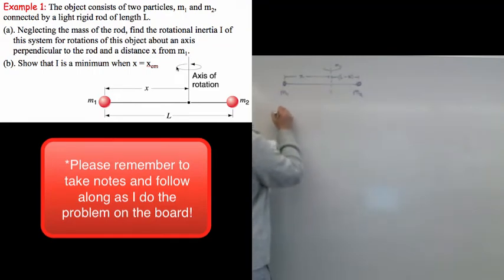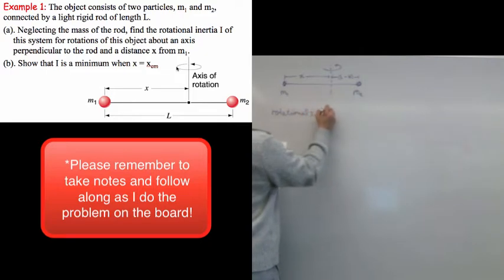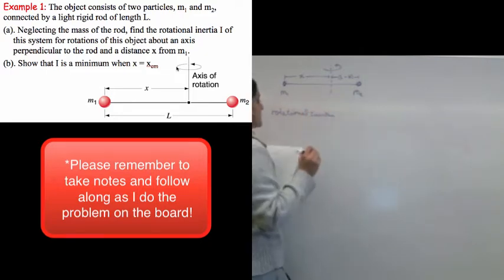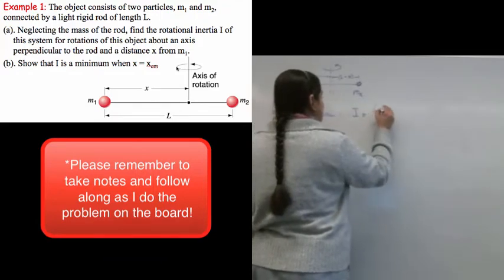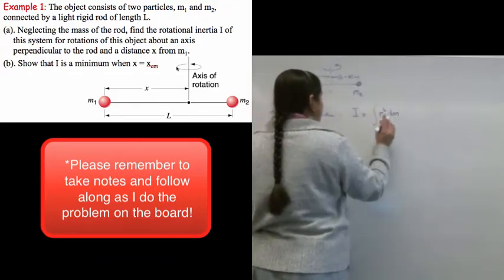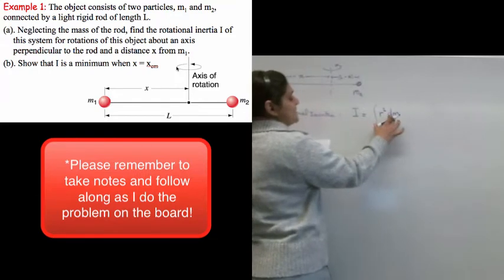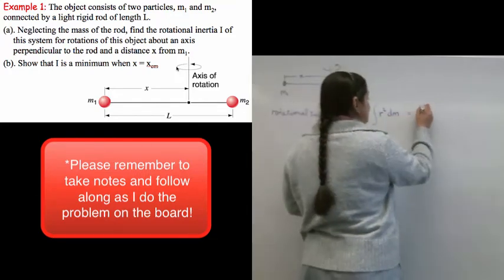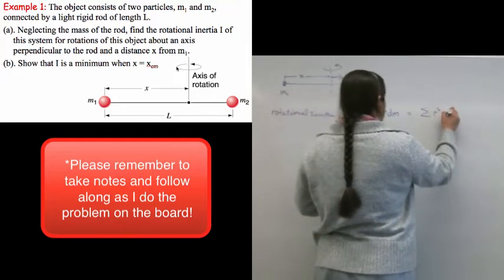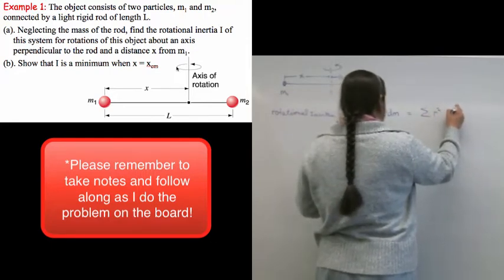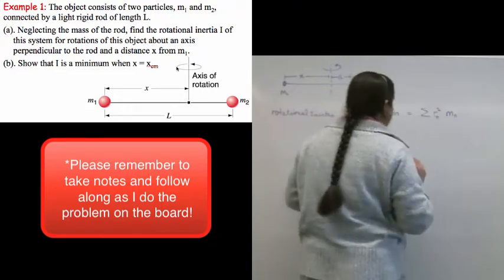So we're going to go back to our definition of moment of inertia, which is I equals the integral of r squared dm. Now in this case, we can replace this by a sum of r squared m_n.